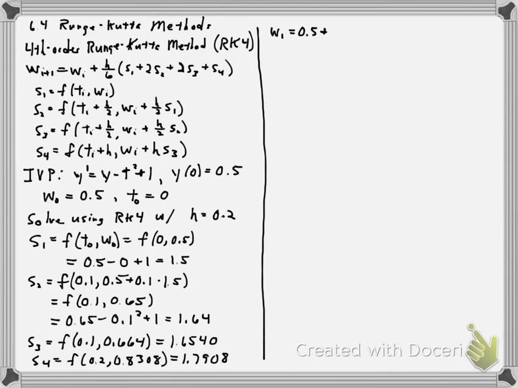So in this case, H is 0.2 divided by 6, and then times S1, which is 1.5, plus 2 times S2, which is 1.64, plus 2 times 1.654, and then plus S3, or I'm sorry, S4, which is 1.7908.